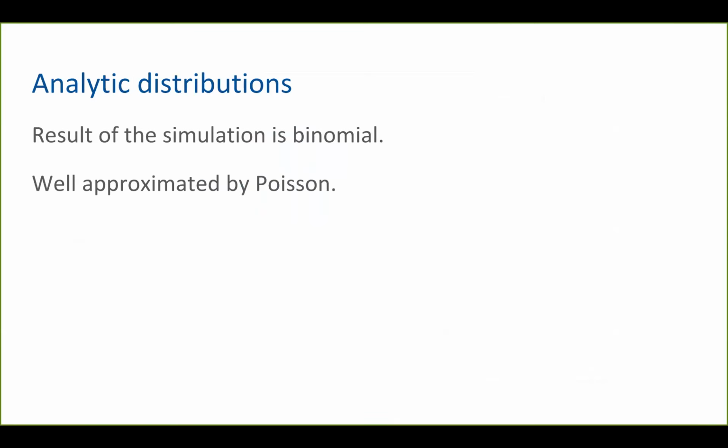So I simulated that using a discrete model. I can also fit it using an analytic model. And in this case, the actual distribution is binomial because I chose n values with each one having an independent probability. But that's well approximated for these parameters using a Poisson distribution.